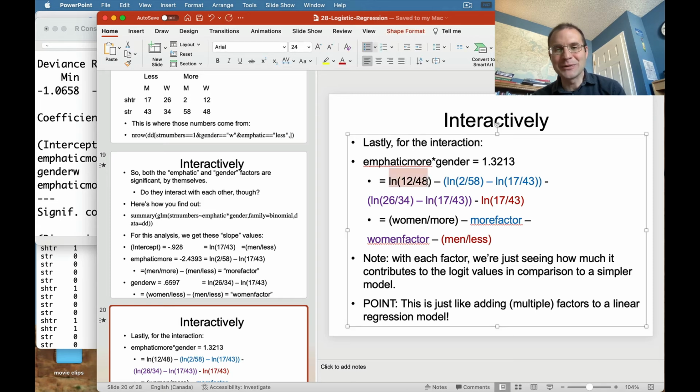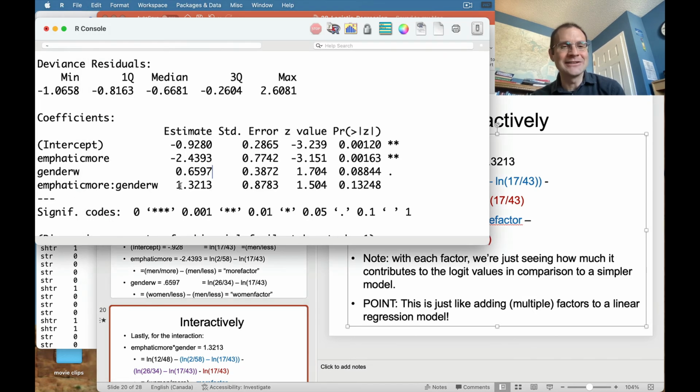But in between those, we have to account for both our more factor and our women factor. So from this, we subtract the more factor, which I have in blue, and then we also subtract the women factor, which I have in purple. And at the end of the day, we also subtract the baseline, which is men and less. That's a lot to work through. But what we wind up getting out of that is just this value 1.3213.